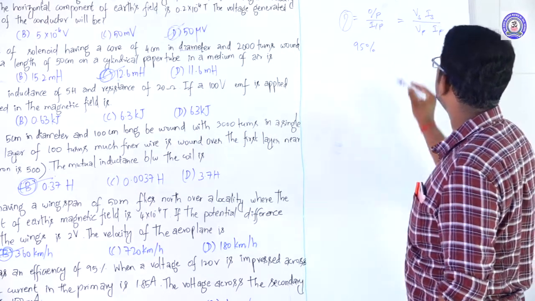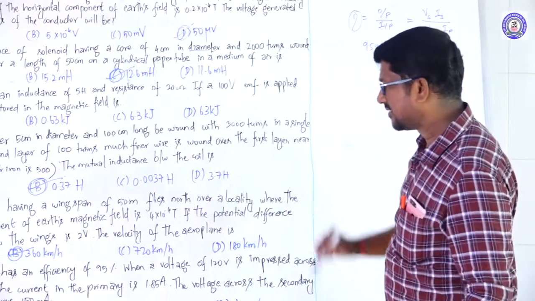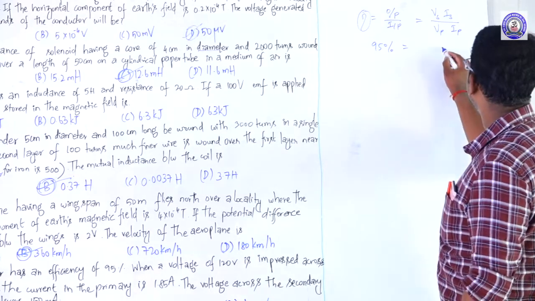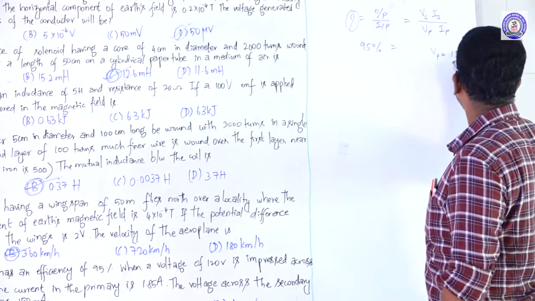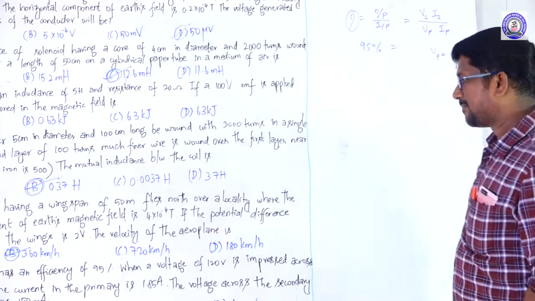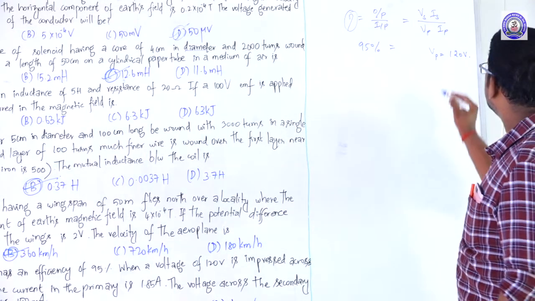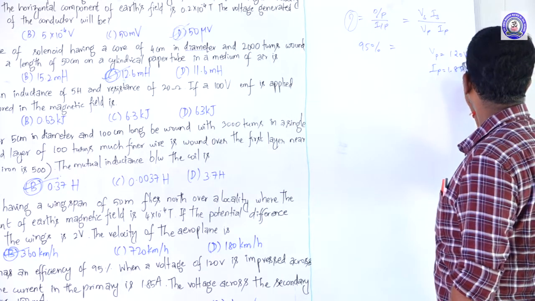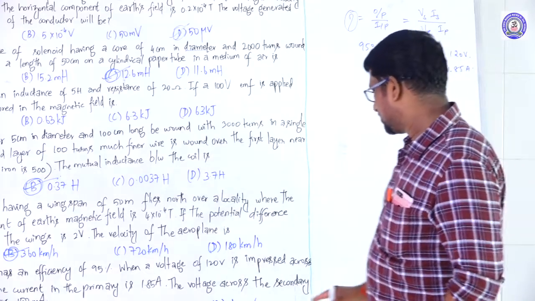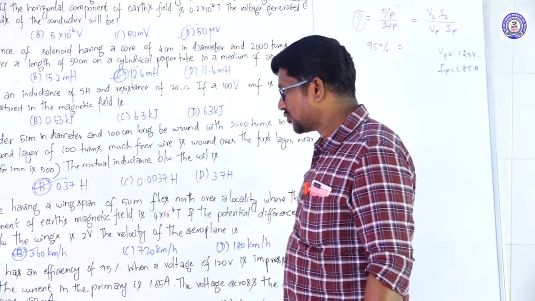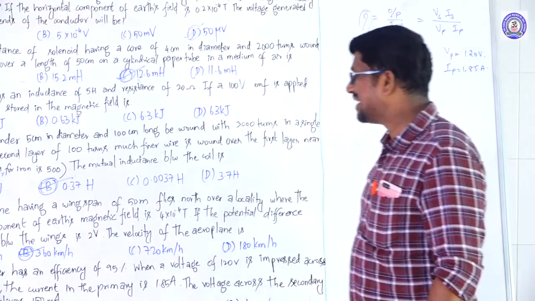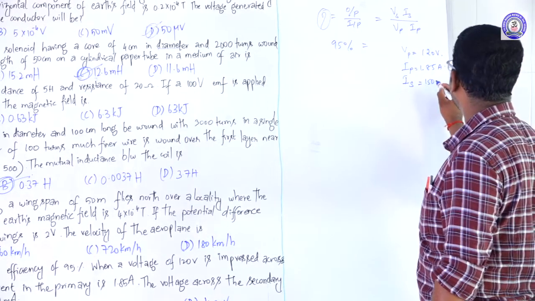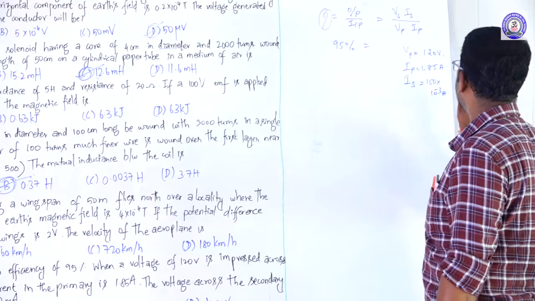The voltage applied across the primary, Vp, is 120. The current in the primary, Ip, is 1.85 ampere. The secondary current Is is 150 milliampere, or 150 into 10 power minus 3 ampere.